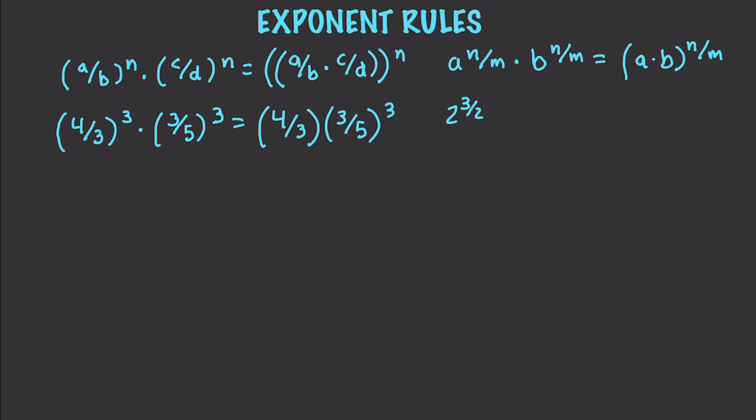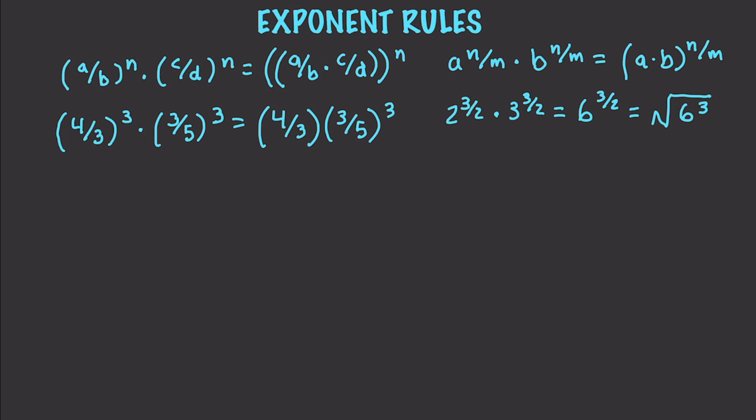And so let's see an example. Times 3 over 2. This is going to end up being equal to 6 to the 3 over 2, which is going to be equal to the square root of 6 cubed. Of course, the square root comes from a previous rule we've seen. And let's do another one.